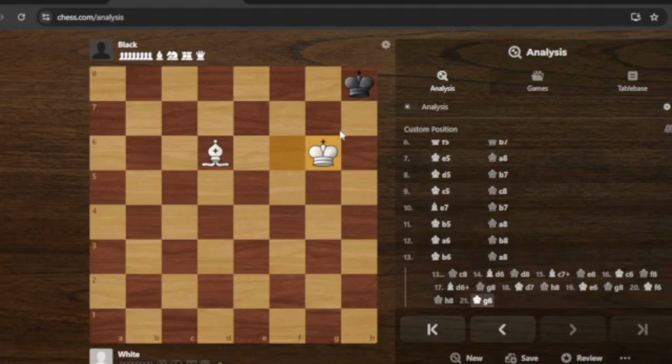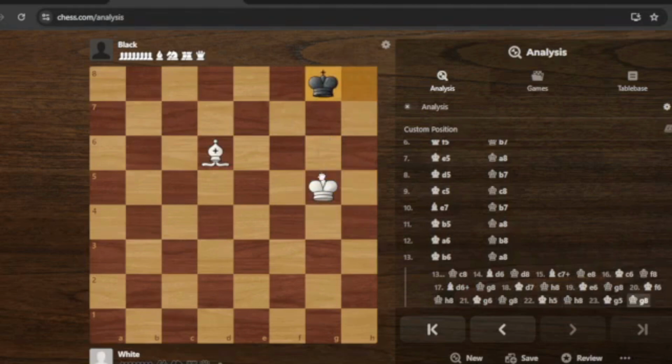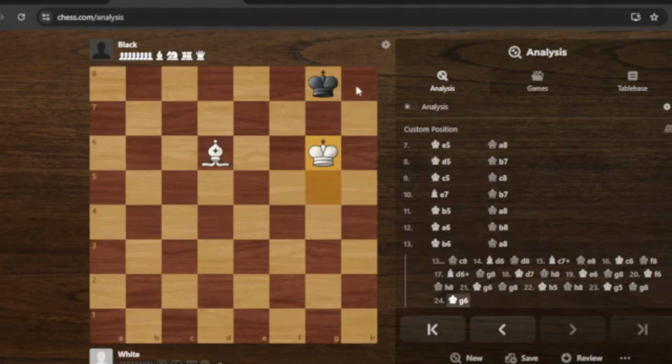But you can see in this to checkmate, let's use triangulation. Now it's our move.